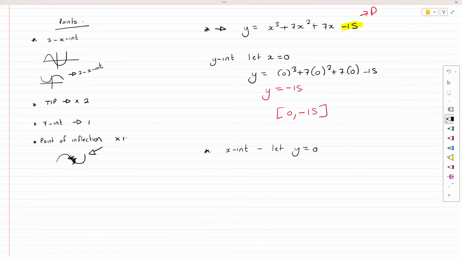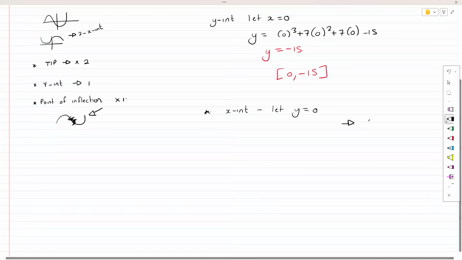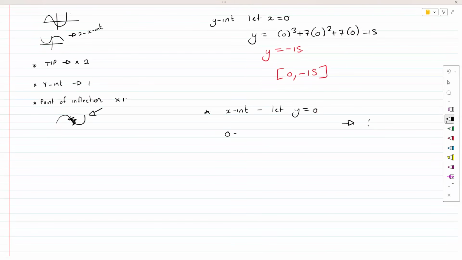If you don't have this calculator, it's a little bit difficult. I'll do a separate video on the division method. But for now, 0 equals x cubed plus 7x squared plus 7x minus 15. I would open this up and I would get the answers quite easily.